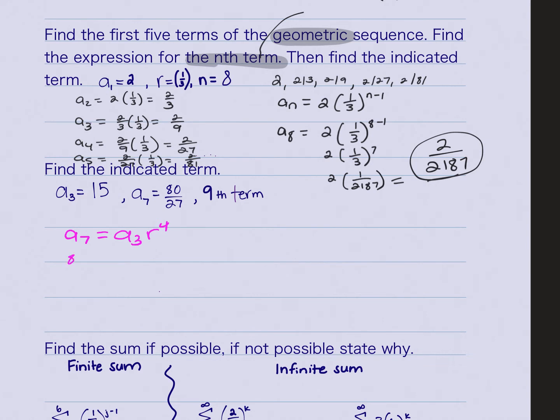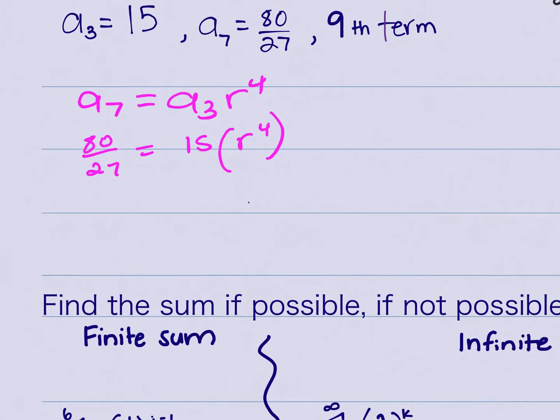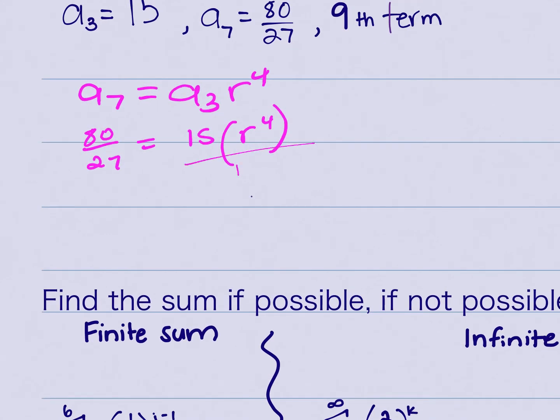So a_7 would be 80 over 27. a_3 is 15, and then I don't know r, so it's r to the 4th. I divide both sides by 15 or multiply by 1 over 15. 5 goes into both of these.